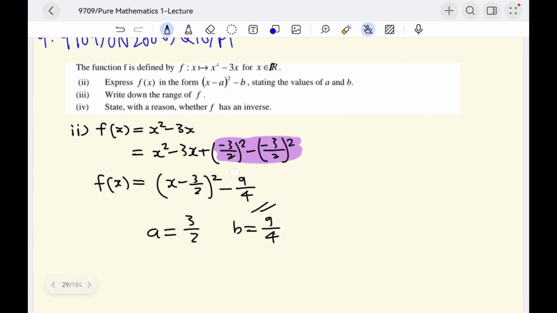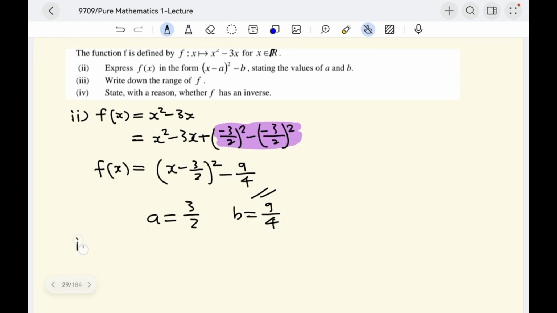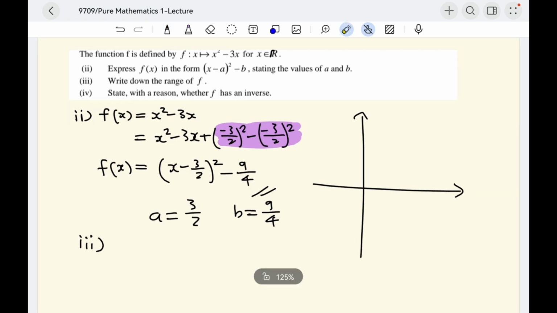For the third part, write the range of f. First you need to sketch the quadratic graph before you state the range of the function f. You can see that there's a transformation x minus 3 over 2 and also negative 9 over 4.